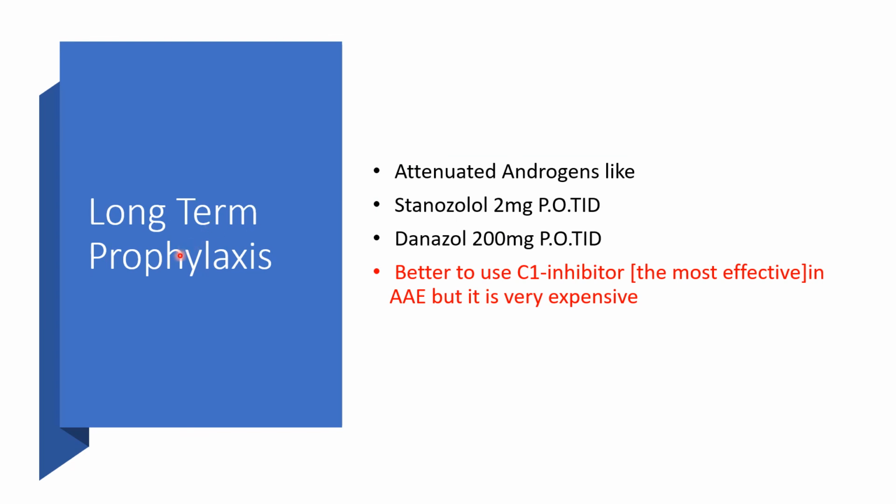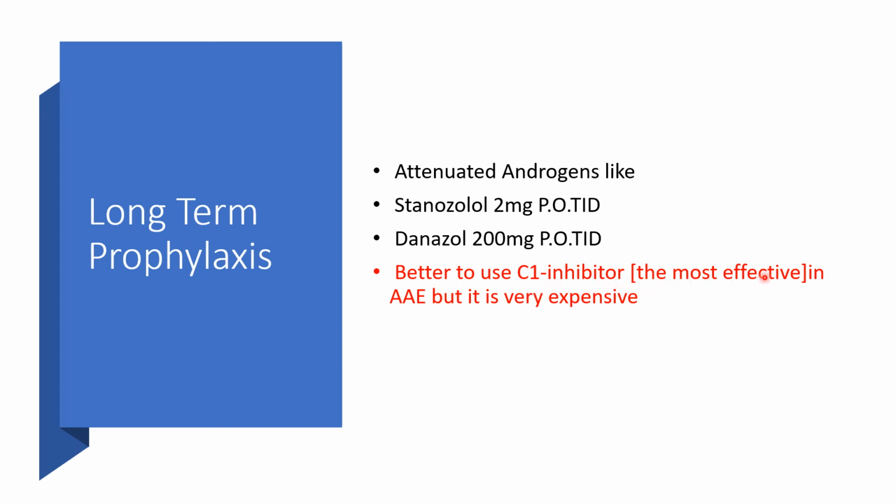For long-term prophylaxis, attenuated androgens like stanozolol 2 mg per oral TID, danazol 200 mg per oral TID, but let the patient know the side effects or adverse reactions of it, then gain consent, then, well, discuss with your team anyways, but the best option here will remain C1 inhibitors.